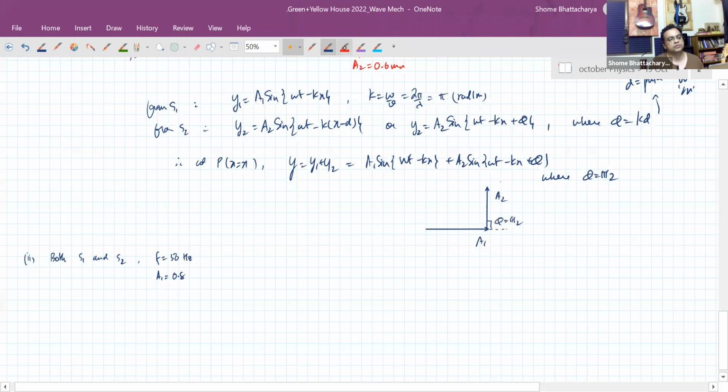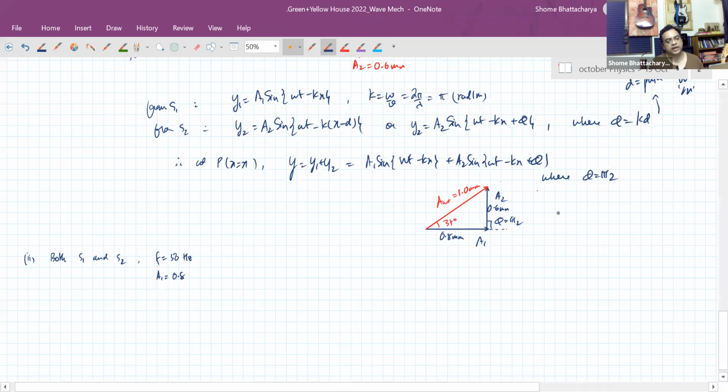Phi is pi by 2. So when we calculate our net amplitude with 0.8 and 0.6 millimeters, it comes out to be 1 millimeter. The phase angle comes out to be 37 degrees.